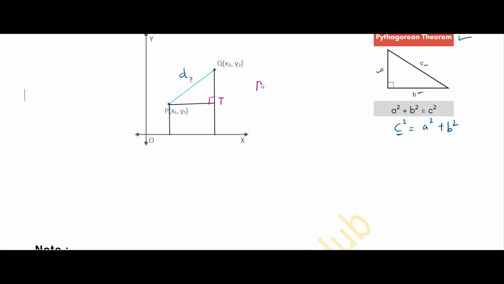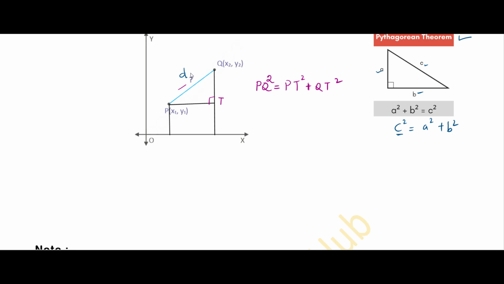Now we can say that by using the Pythagoras theorem, the square on the hypotenuse, that is PQ square, equals PT square plus QT square.